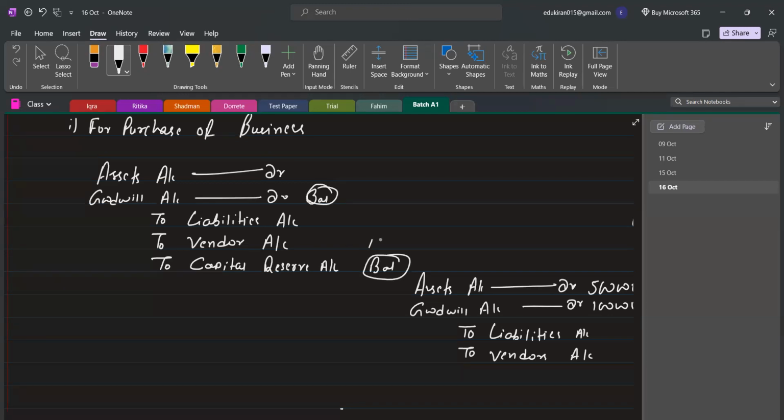And the purchase consideration for the buyer, and the value of assets and liabilities will be written. So this is our journal entry for the purchase of business. Now we will issue shares to the vendor. Issue of shares to the vendor: vendor account debit, to share capital account.